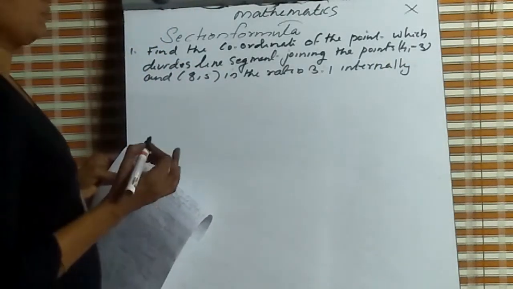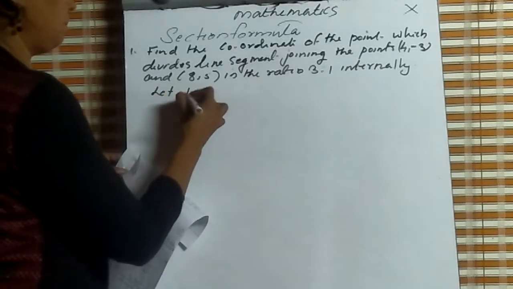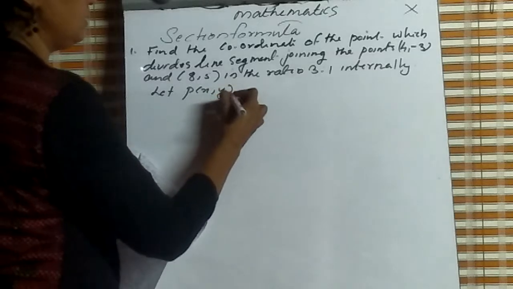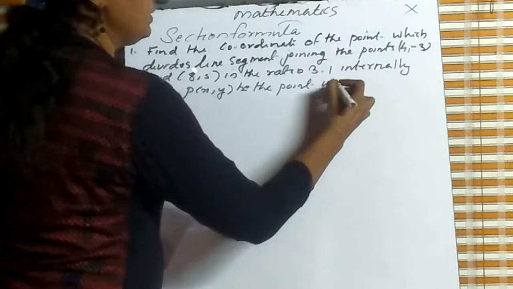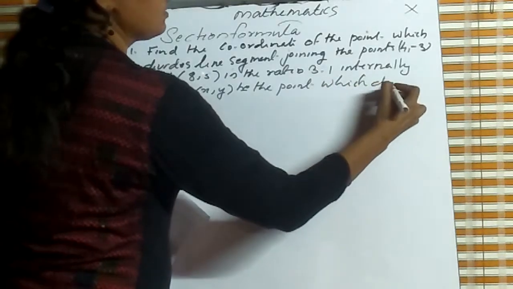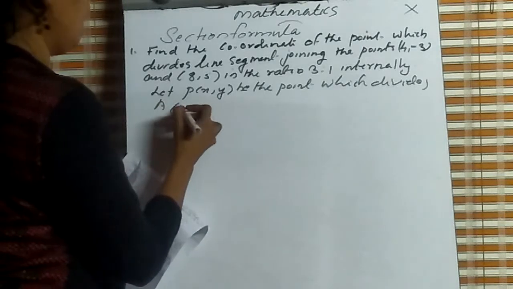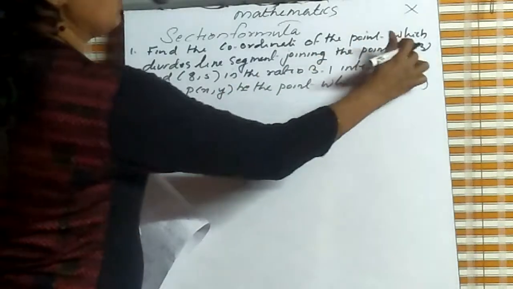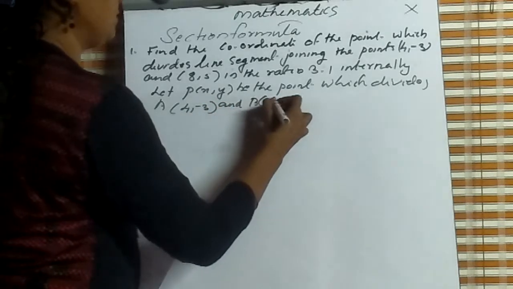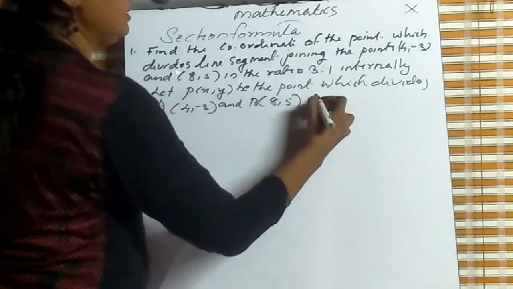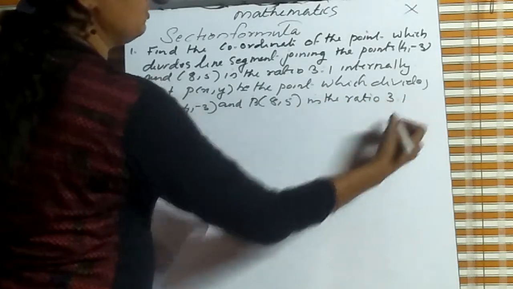Find the coordinates of the point. Let P(x, y) be the point which divides A (4, minus 3) and B (8, 5) in the ratio 3 is to 1.